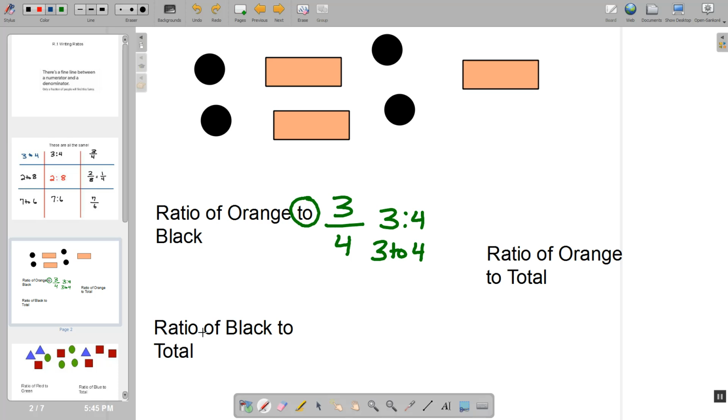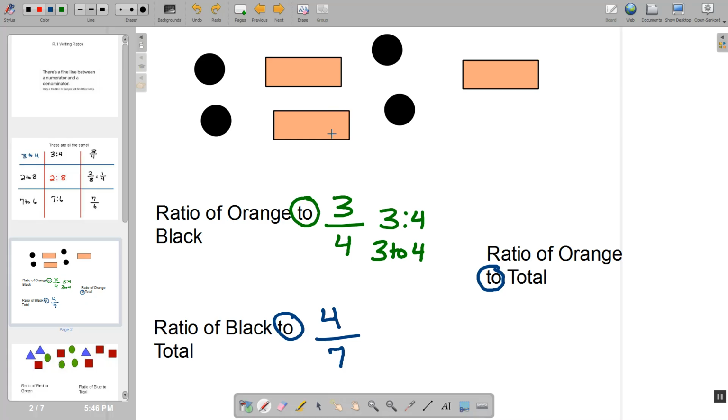So down here, the ratio of black to total shapes. Okay, so there are 1, 2, 3, 4 black circles, and there are 5, 6, 7 total shapes. So that's 4 to 7 as our ratio. And on the right, ratio of orange rectangles to total again.